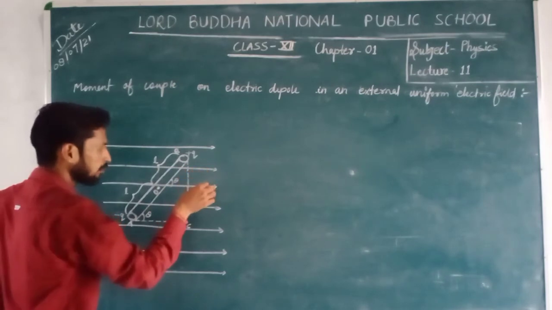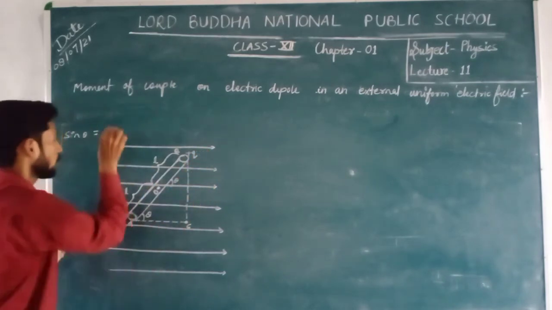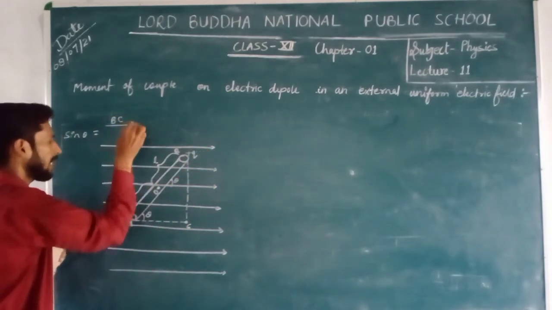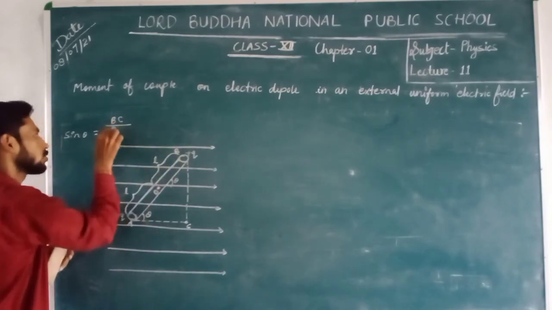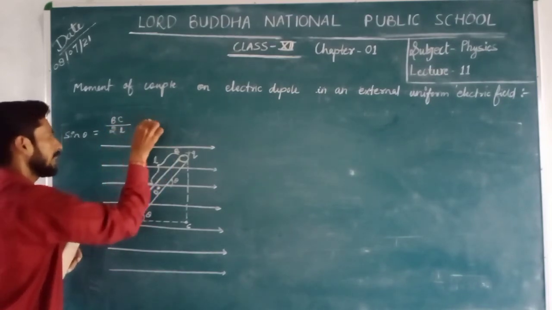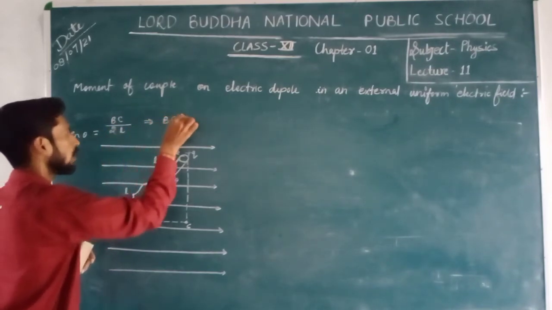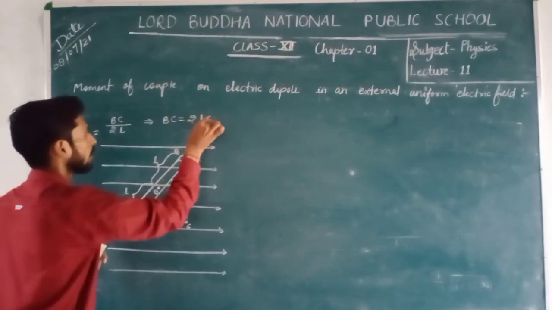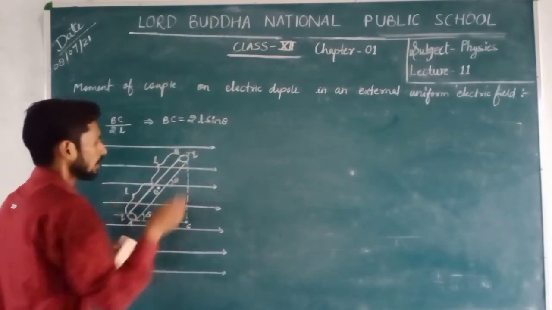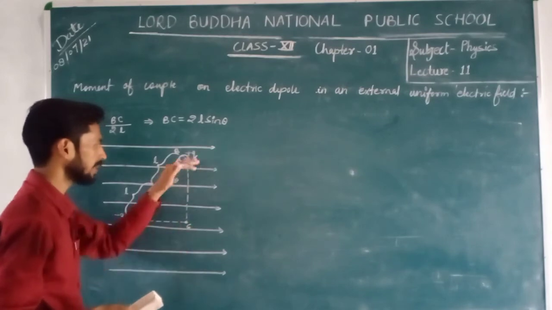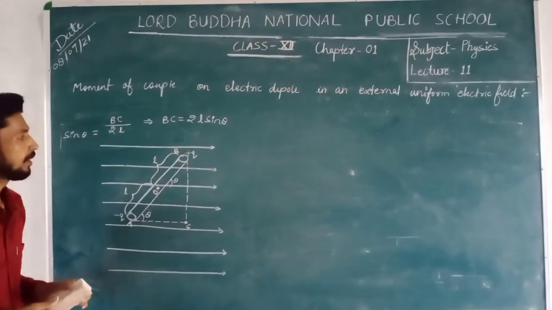Suppose the perpendicular is BC. So BC upon hypotenuse, which is 2L. In this case, BC equals 2L sin theta. That is the effective length between these couple of forces.